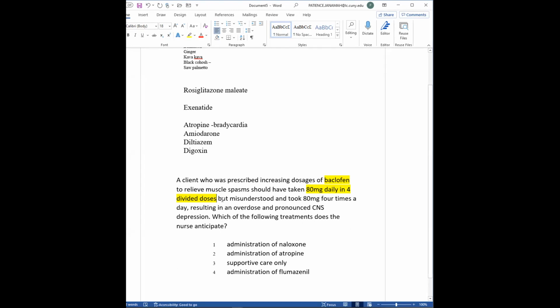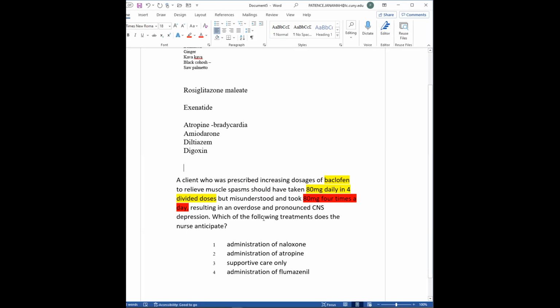Okay, but the client misunderstood and took 80 milligrams 4 times a day. So in total, how much did this client take? If the client misunderstood the instruction, the client took 320 milligrams. So that means 4 times the client took 80 milligrams every day, right?